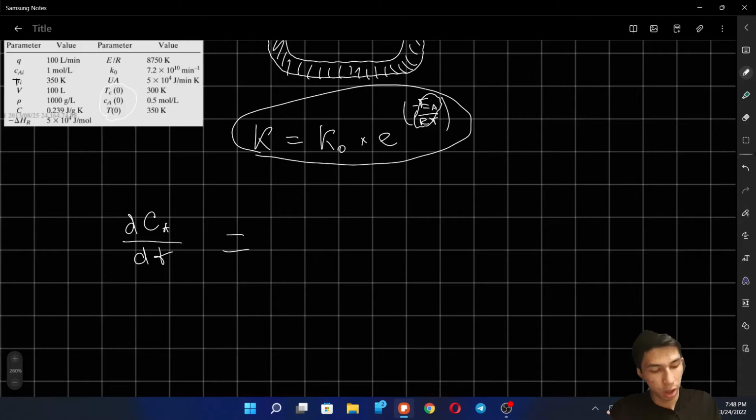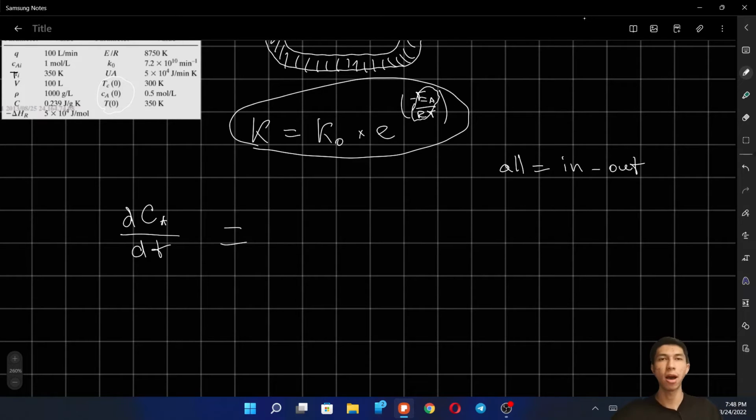The rate of change of the mass of a reactant is equal to the rate at which the reactant is coming in minus the rate at which the product is going out of the reactor. And as we have our reaction A being converted to B, we also have to subtract the A that is being converted to B. So A consumed, right? We'll be working with this concept to represent our differential equation.